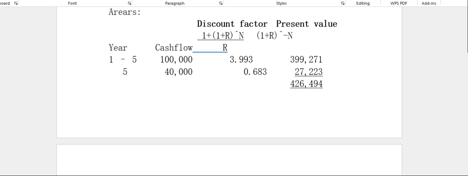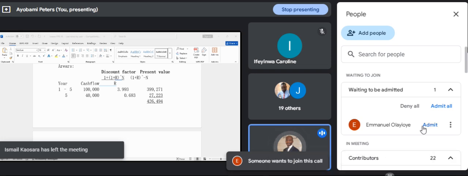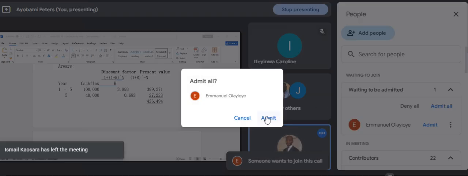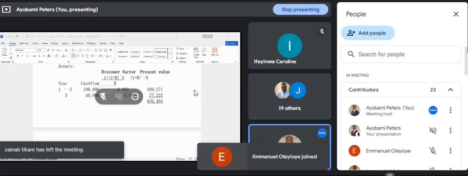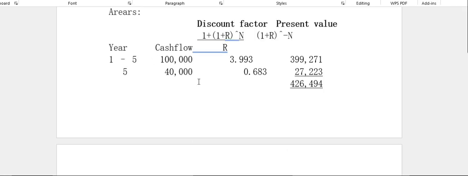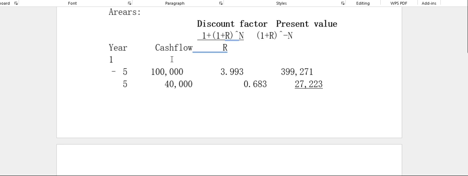If you have your calculator with you, let's do year 1 together. I'm sure some of you in PM or SFM class have been hearing about this discount factor of 8%. We do year 1, year 2, year 3, year 4, and year 5. Let's make this year 1 now. The cash flow is 100,000.